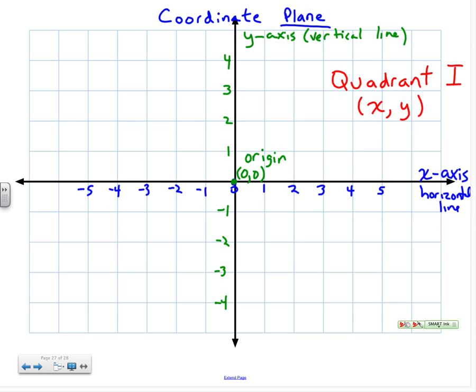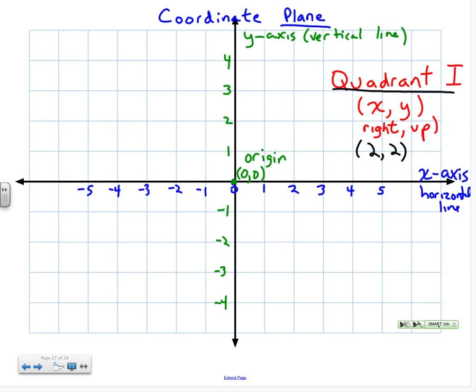But as you notice, the numbers here on the x-axis are all going to be positive. So these numbers we plot are going to go to the right. That's the positive side of 0. The y numbers we choose are going to go up because they too are positive. So if I want to plot the point 2, 2, it would fall within quadrant 1.